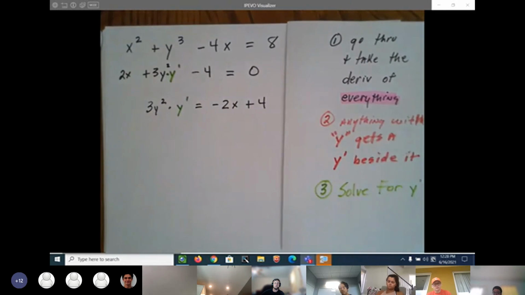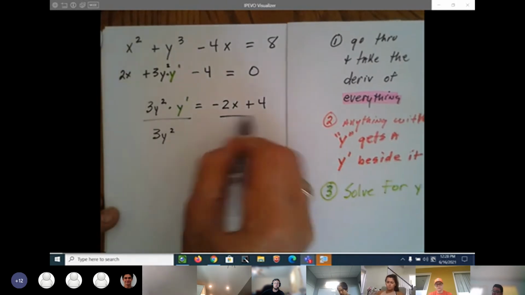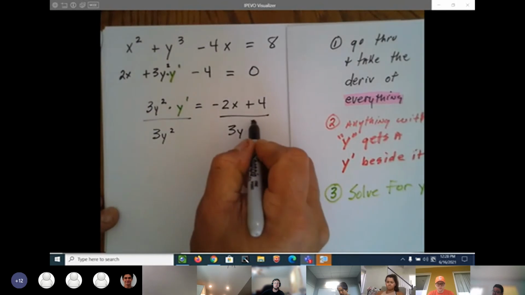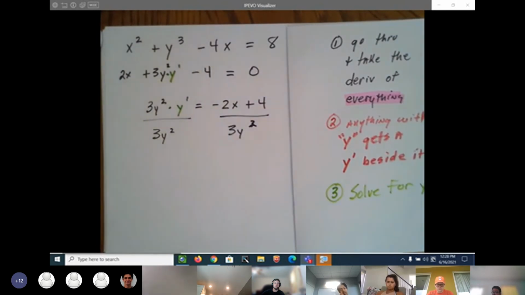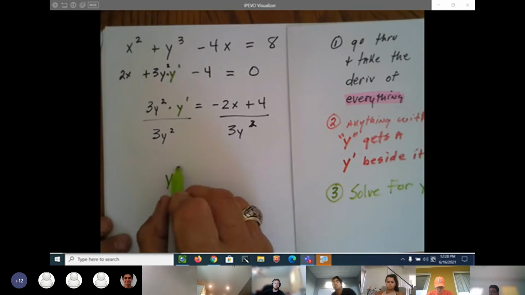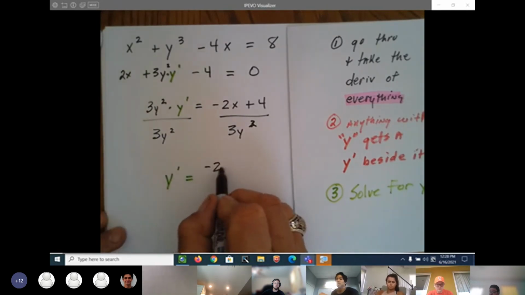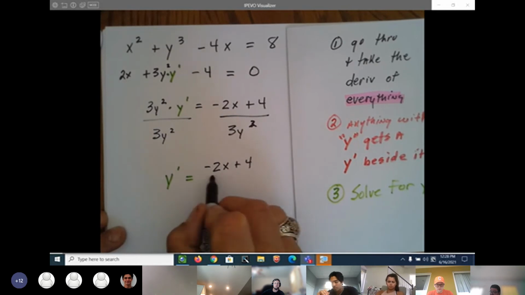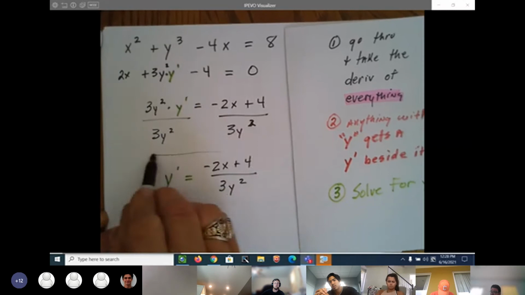And now we're going to solve for y prime. And people, that's not hard. I'm not going to worry about you simplifying. You simplify this however you need to. This one you can't simplify.